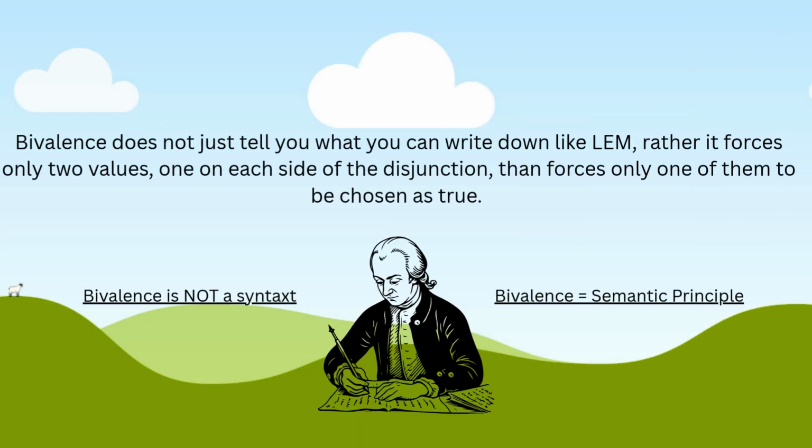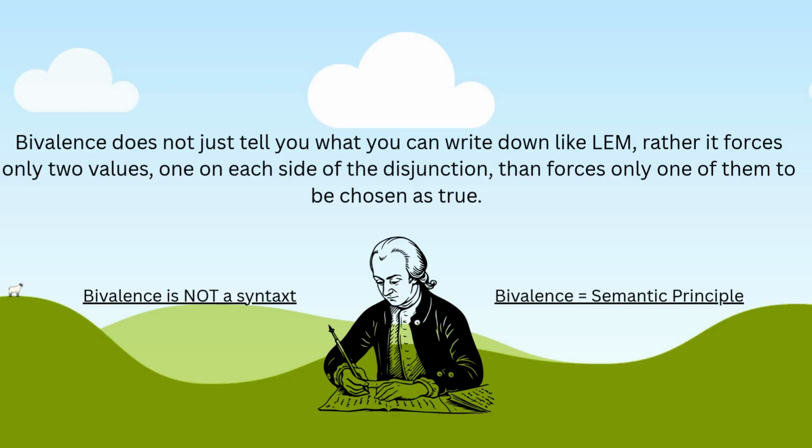All right, so here it says bivalence does not just tell you what you can write down like LEM. Rather, it forces only two values, one on each side of the disjunction, then forces only one of them to be chosen as true. So under bivalence, there are only two values to choose from, and you must choose one of them. Notice, LEM doesn't tell you any of that, right?